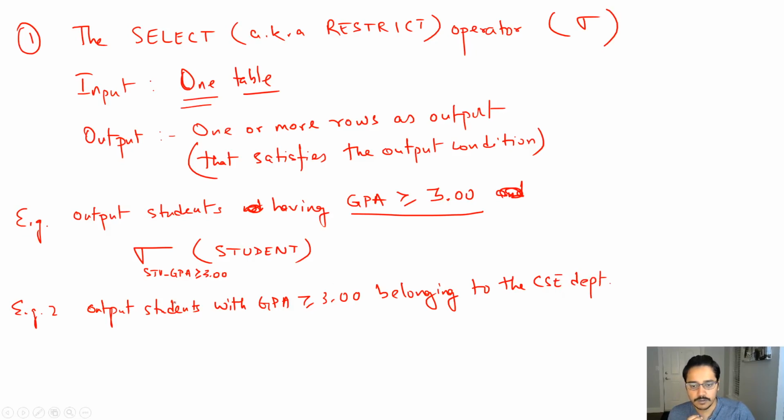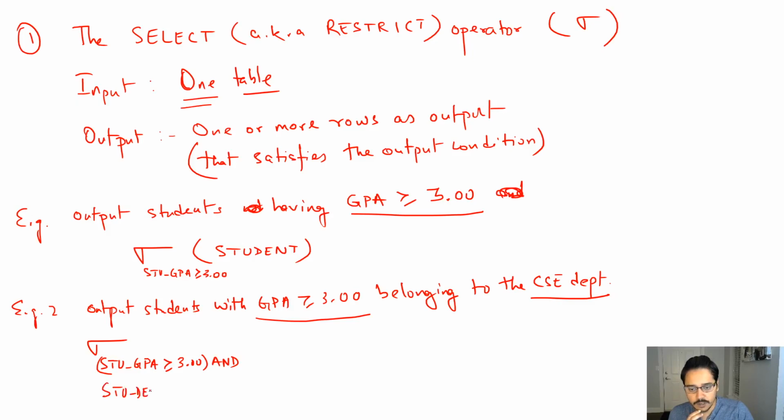So then this will be represented as sigma student GPA greater than 3.0 and the logical and, because both of these conditions need to be true.